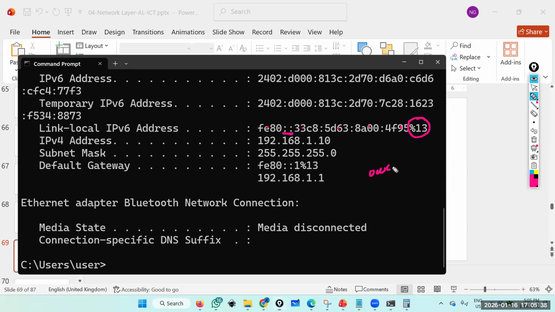Then 1, 2, 3, 4, 5, 6, 7, 8. So this can be one set of zeros, or 2 blocks, 3 blocks, and so on. How many blocks? You can calculate from how many we have. 1, 2, 3, 4, 5, altogether 8. That means you have 3 zero blocks. That is just to make it compact.